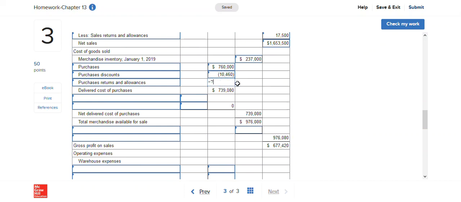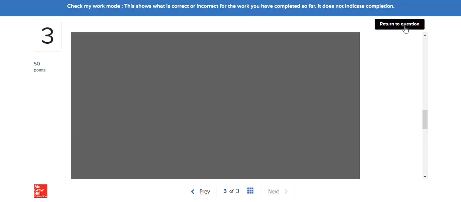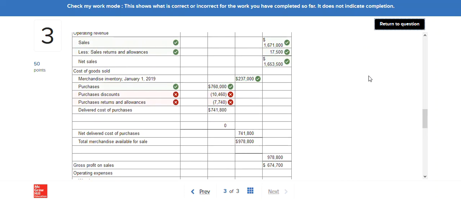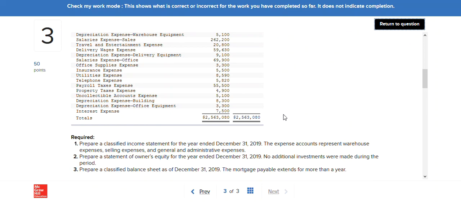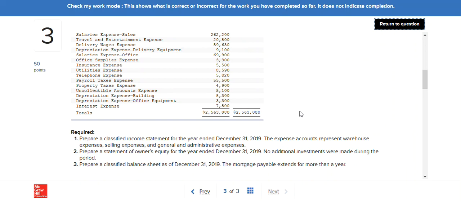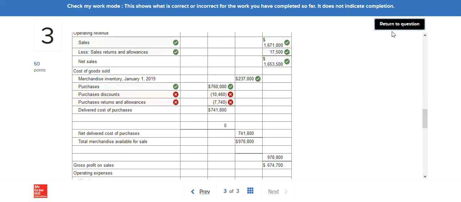And purchase returns and allowances was $77.40. All right, this better work. Oh, I missed a whole account there. Freight in. Let's fix this.